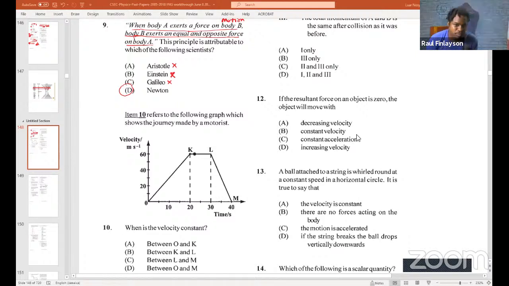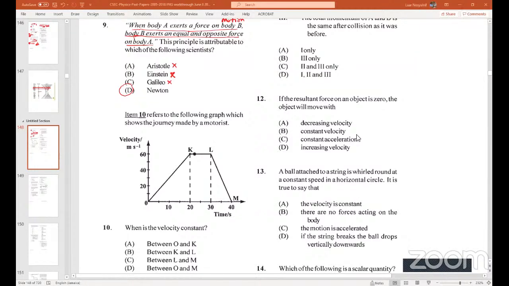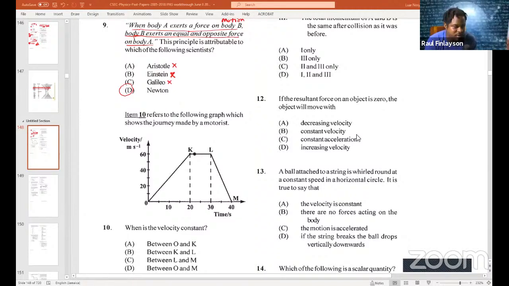So because you didn't see Newton's law in paper 2, we'll expect to see it in paper 1. Everybody follow? They didn't say anything about speed or velocity and acceleration in paper 2. Look out for it in paper 1.